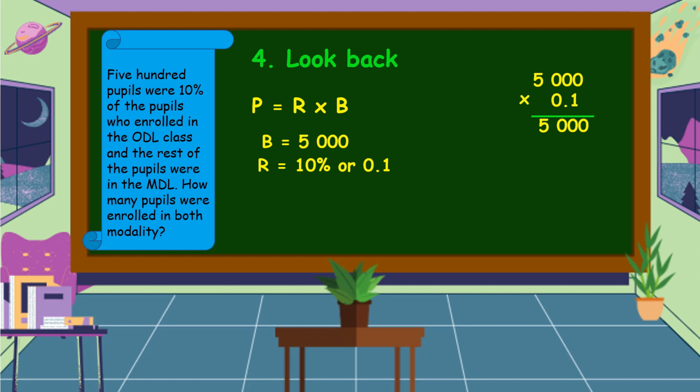We have only one decimal place in our factors, so we can cancel one 0 in our answer. Therefore, the percentage is equal to 500, which is the number of the ODL class. Therefore, our answer 5,000 is correct.